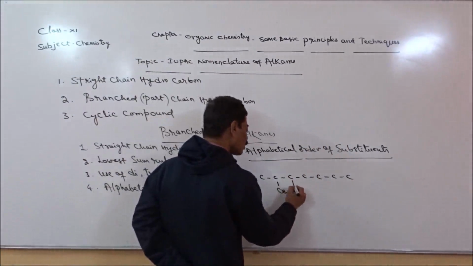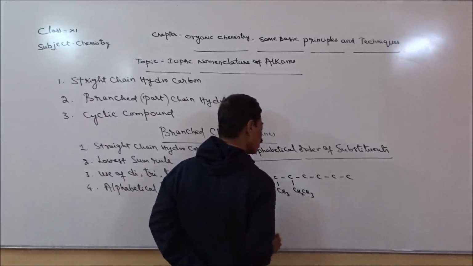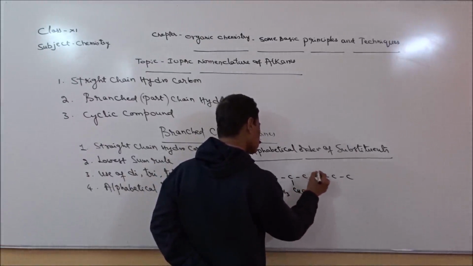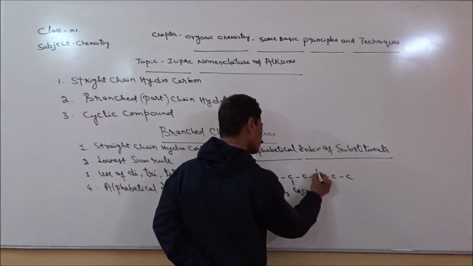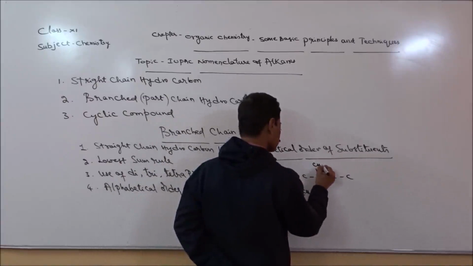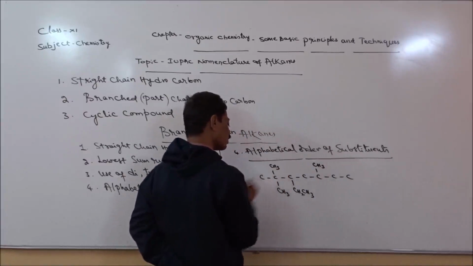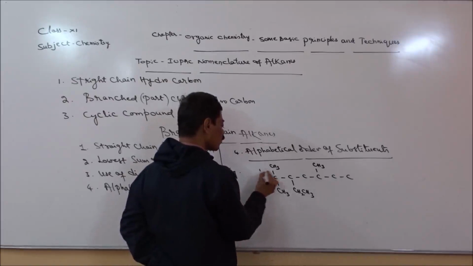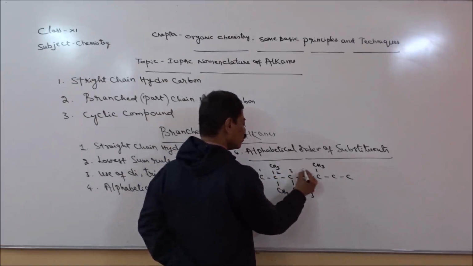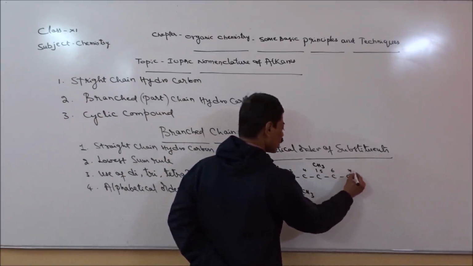To the third carbon atom, an ethyl group, and then to the fifth carbon atom, a methyl group, and again to the second carbon atom, a methyl group. Now, if I give numbers 1, 2, 3, 4, 5, 6, 7.